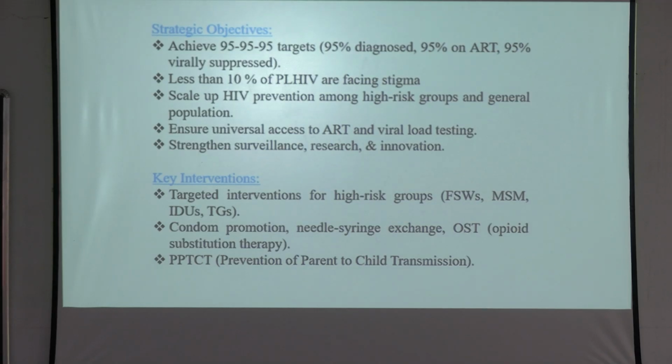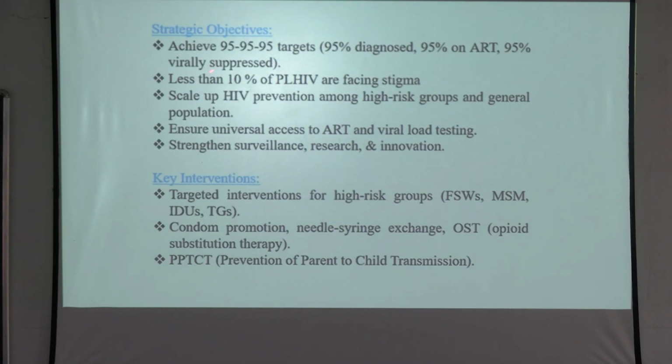And out of those who are getting treatment, about 95% should reach viral suppression. Another objective: less than 10% of PLHIV, that means people living with HIV, should face HIV stigma or discrimination. For that, the HIV Prevention Act 2017 came.